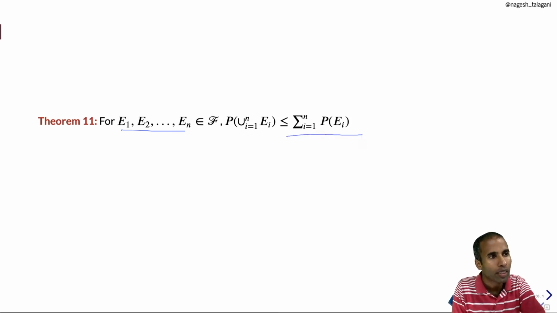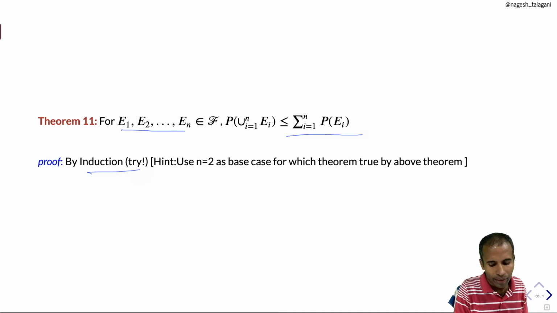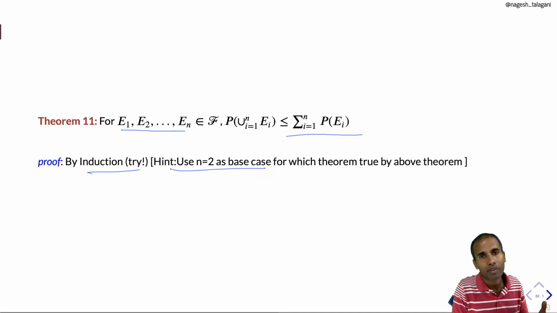Here also, equality happens by finite additivity only when E1, E2, and so on up to En are mutually exclusive. In general, we have this inequality. The proof is by induction. You can use n equal to 2 as the base case, so I'll let you try. This is the subadditivity for n events.